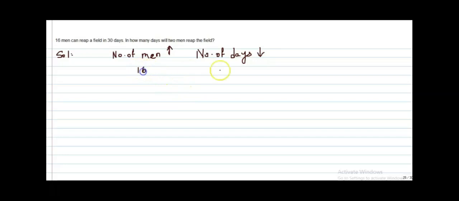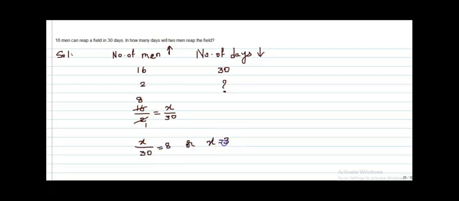Here, 16 men can reap a field in 30 days. In how many days will 2 men do it is the question. So 16 by 2 is equal to x by 30. 2 ones are 2, 2 8s are 16. Therefore, x by 30 is equal to 8, or x is equal to 30 into 8, which is 240.